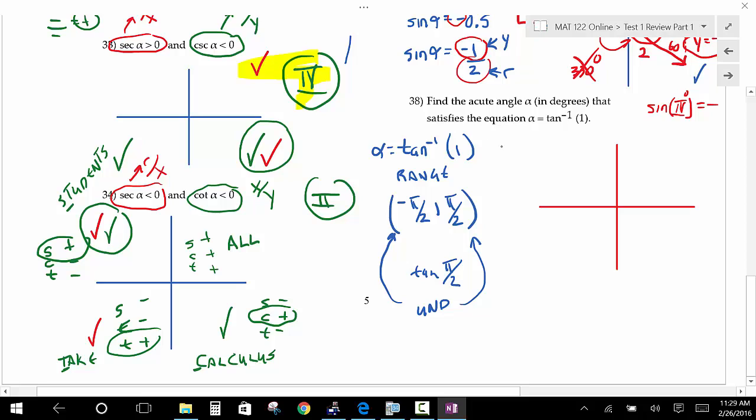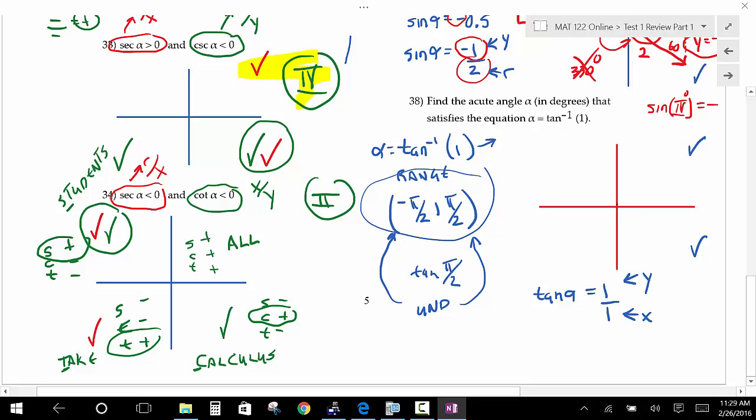What we really are dealing with is that this problem is really saying tangent of theta equals 1. If you put that over 1, the definition of the tangent is y over x. Since you have this range of answers, you're either there or there. This is a positive 1, so you're here.